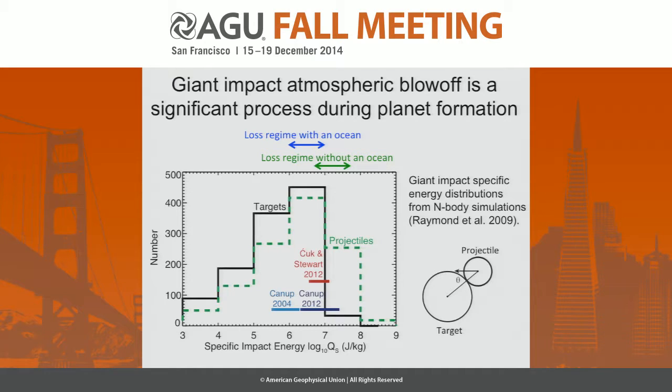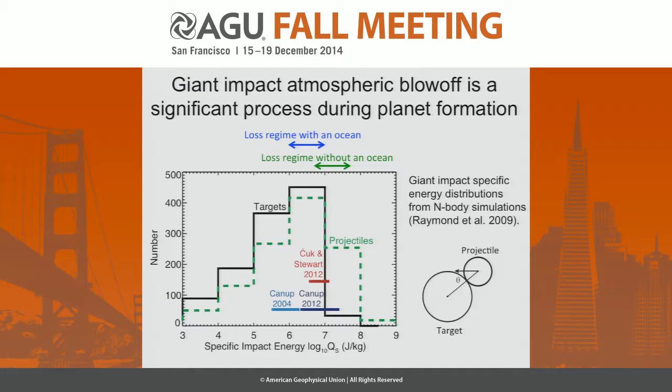Here is a histogram of the specific impact energy distribution in the giant impact stage of terrestrial planet formation, and this is taken from a suite of simulations by Sean Raymond. Other simulations of the same regime have similar histograms. In specific energy, this decade of 10 to the 6 to 10 to the 7 is the regime where there is significant atmospheric loss with an ocean, from little loss to total loss, and it is the mode of giant impact events.